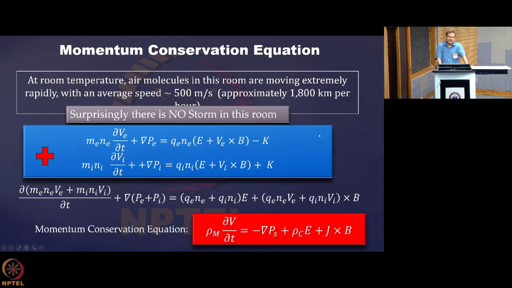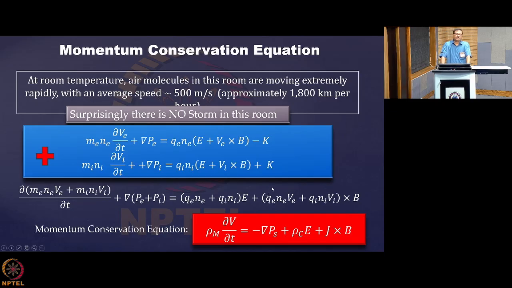So we put a minus k in the electron momentum equation and a plus k in the ion momentum equation, and when we added them up, that cancelled, and that way we were saved. So we are finding some way or other to exclude the contribution of this collisional term.